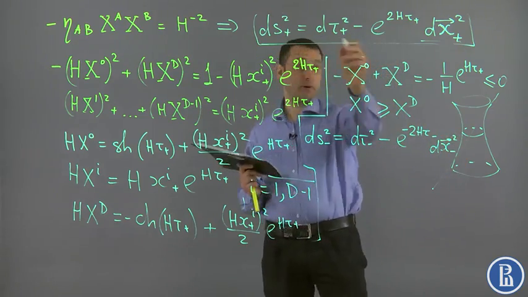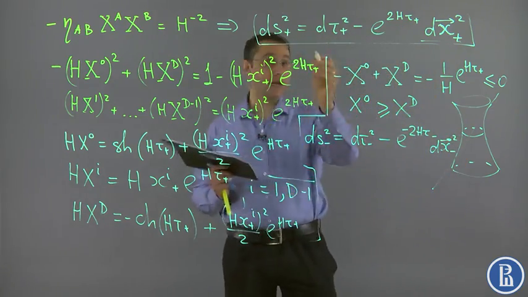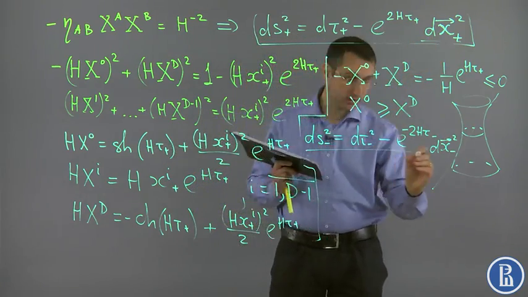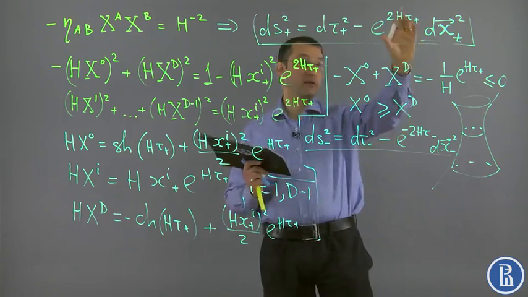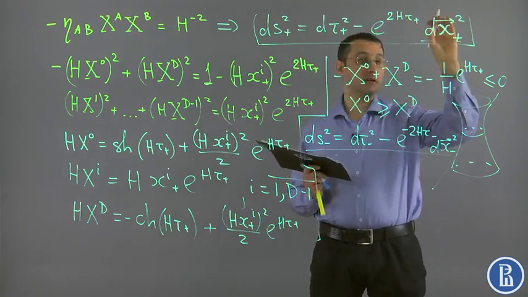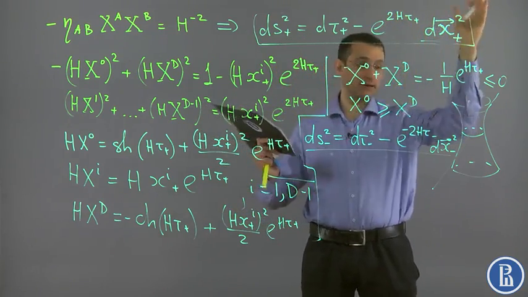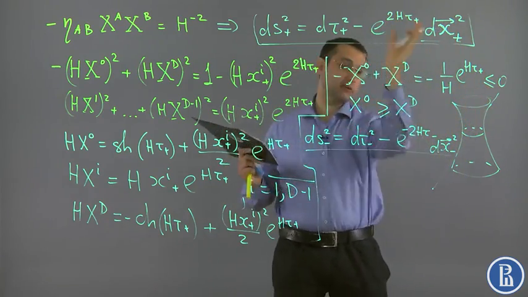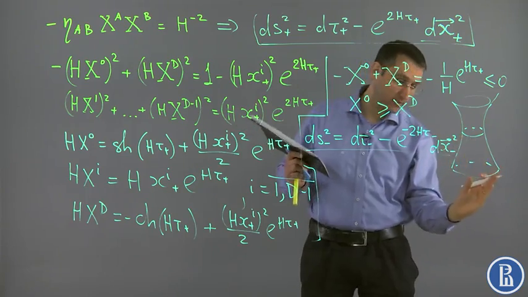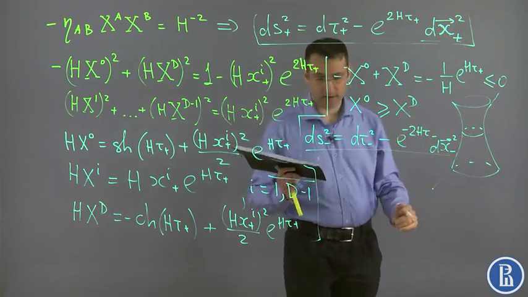So these are expanding coordinates, expanding Poincare patch, and this is contracting Poincare patch. Look, this factor says that spatial sections are expanding. So in this half, spatial sections are expanding, while in this half, spatial sections are contracting as time goes by.